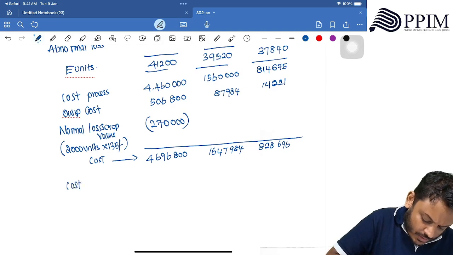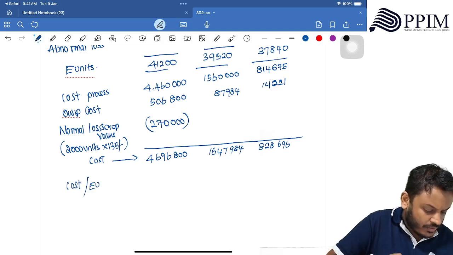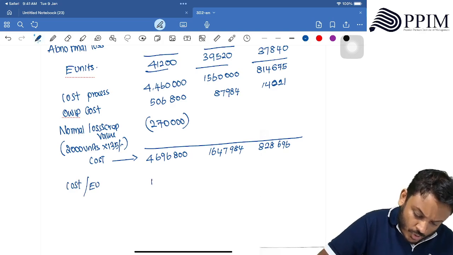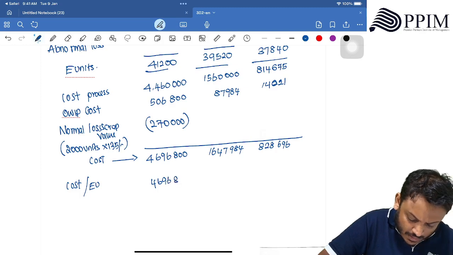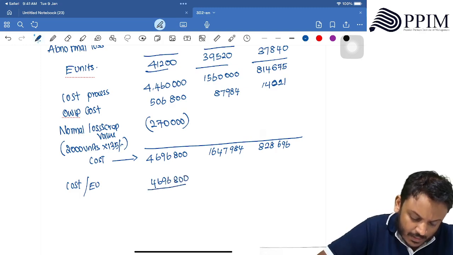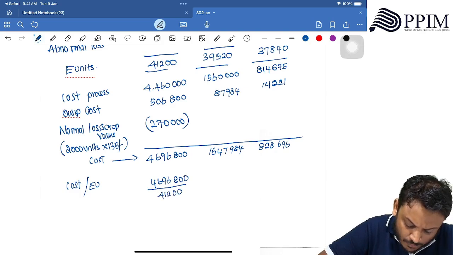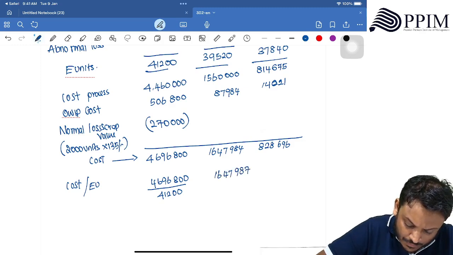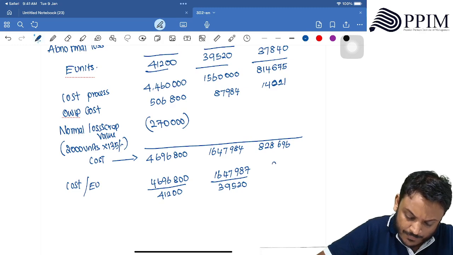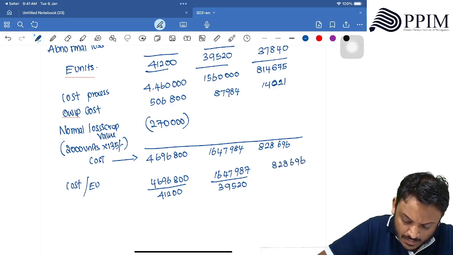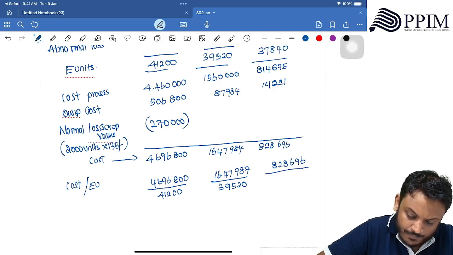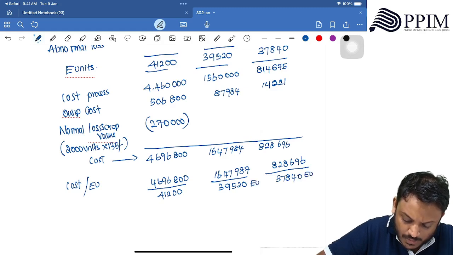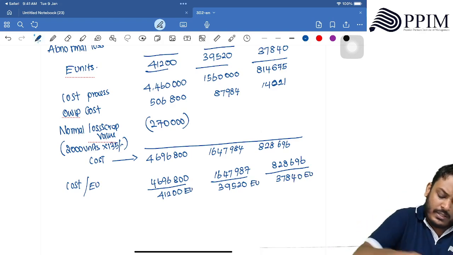Now what we should do is cost per EU. 4,696,800 divided by 41,200; 1,647,984 divided by 39,520; 828,696 divided by 37,840 EU, which we already calculated as equivalent units.